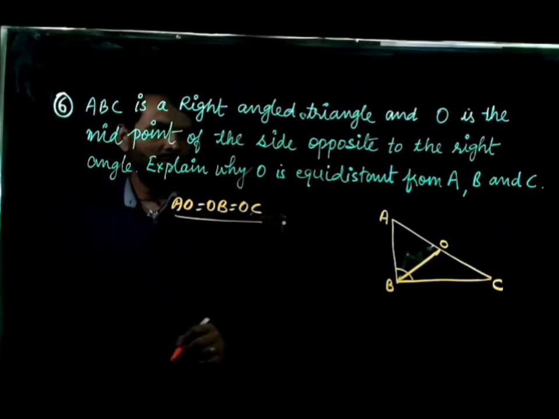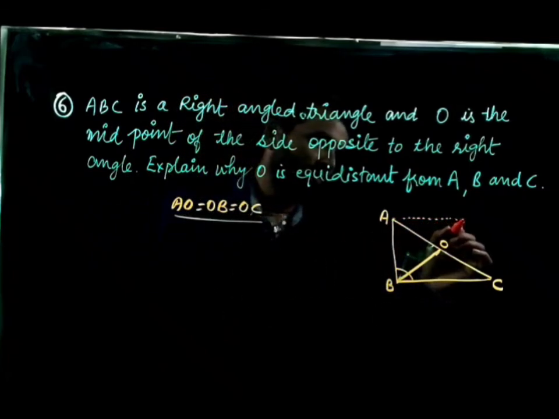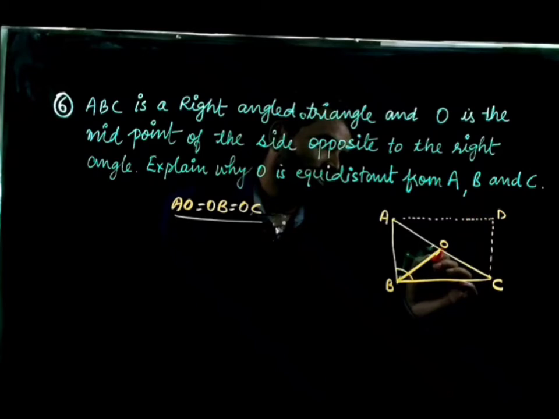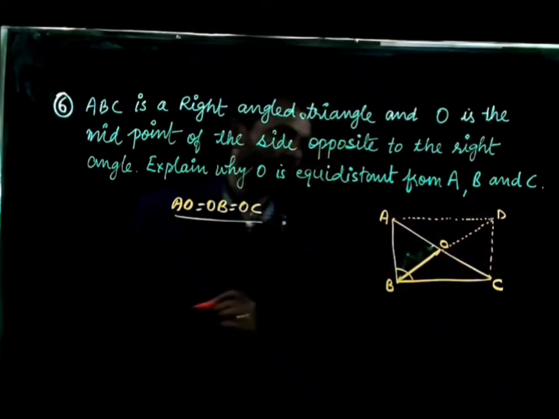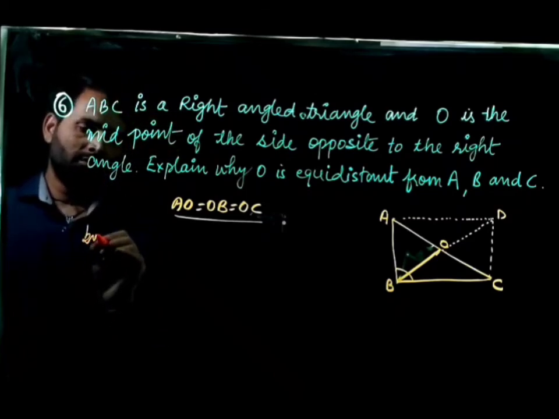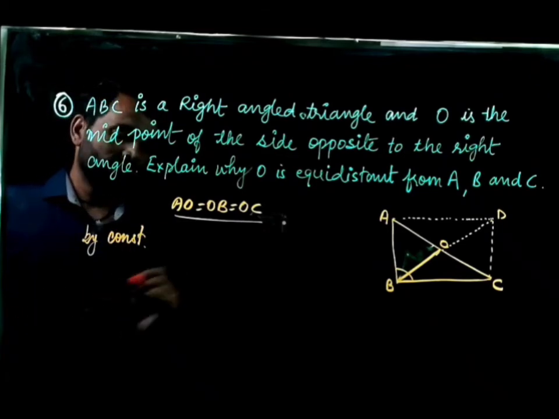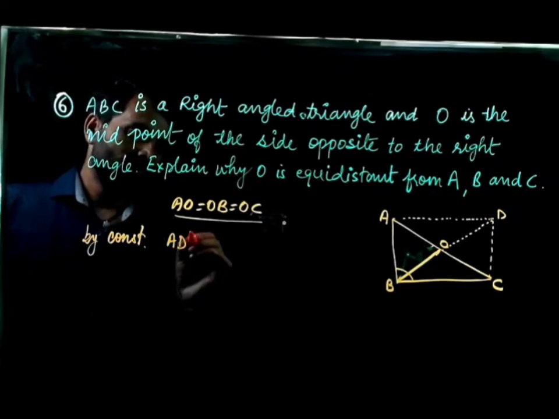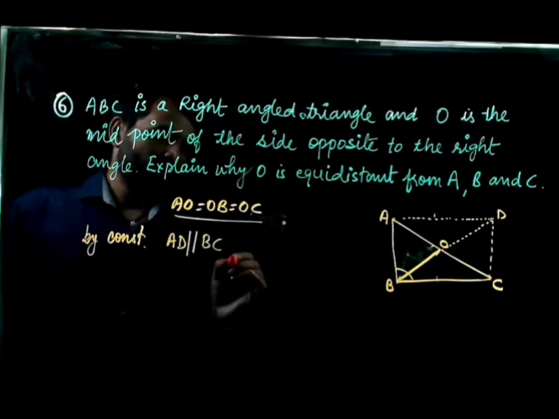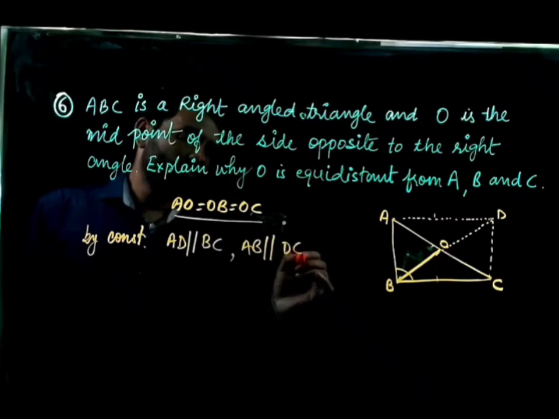Now the construction: draw a line parallel to BC and a line parallel to AB, and join the point to O, calling it D. By construction, AD is parallel to BC and AB is parallel to DC.